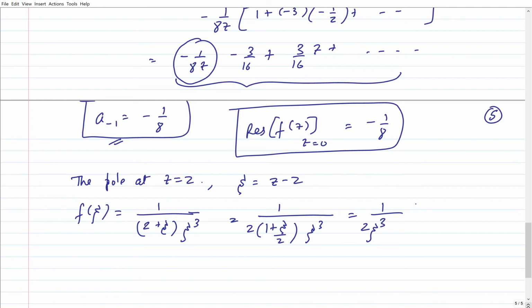Again, I expand in whatever ways using the binomial series, and so on and so forth. I can see that in this expansion the coefficient of a minus 1 is 1 over 8. So the residue of f(z) at z0 equals 2 is 1 over 8.